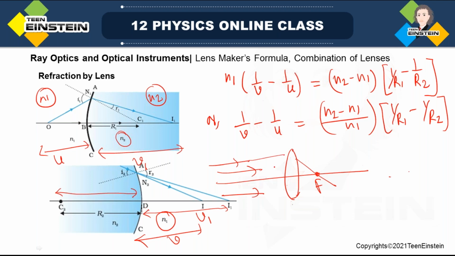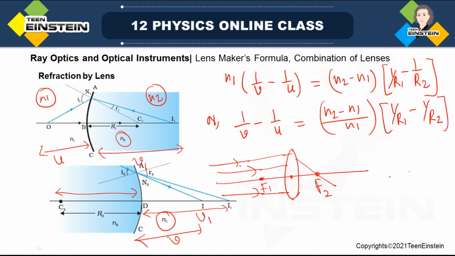Obviously a lens has two foci. The principal focus on the side of the object is called the first principal focus, and the other is the second principal focus, but they are equidistant from the optical center.